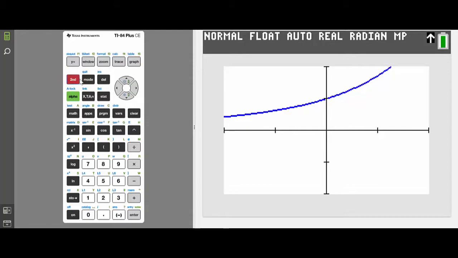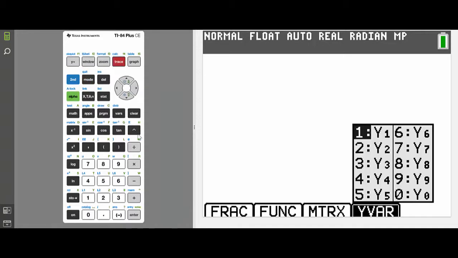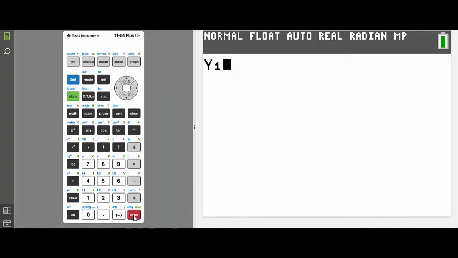Now, next I want to go to my home screen, and I want to put in values. So I'm going to get this function y1 back, and I'm going to evaluate very close to 0.